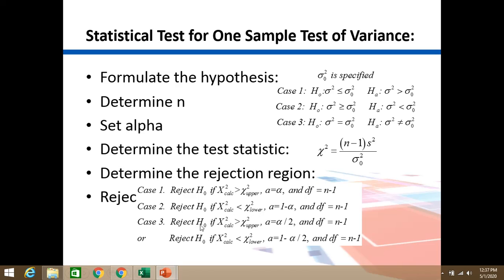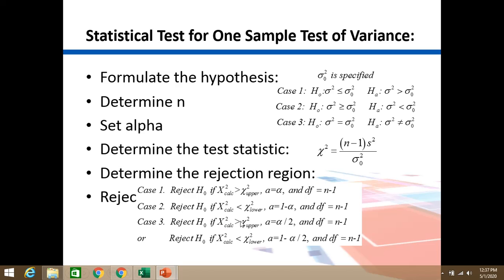In a two-tail test, whether it is towards right or left depends on where your calculated number is.